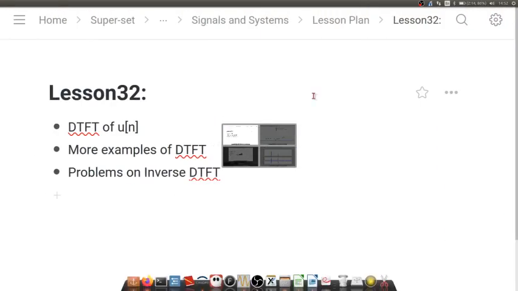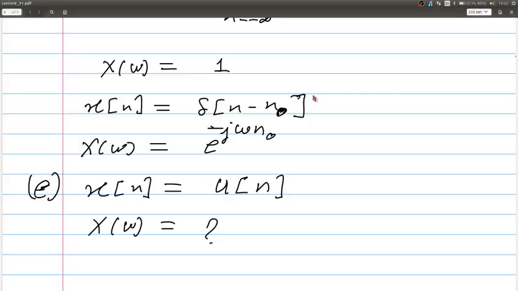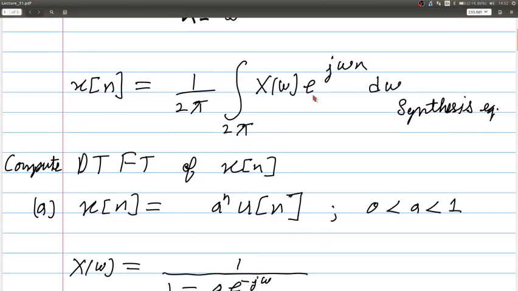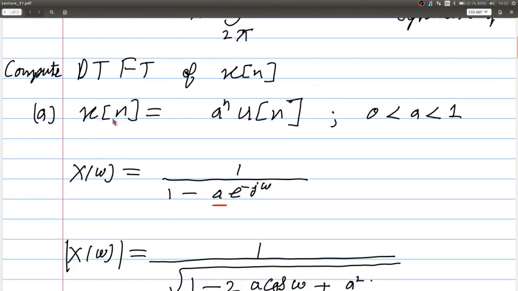So we had solved a similar problem in the previous lecture where we had derived the DTFT of a to the power n u of n. Here a was less than 1, so this was a converging signal. As n increases, the magnitude of x of n was diminishing.